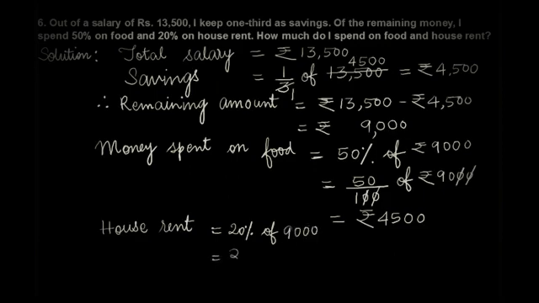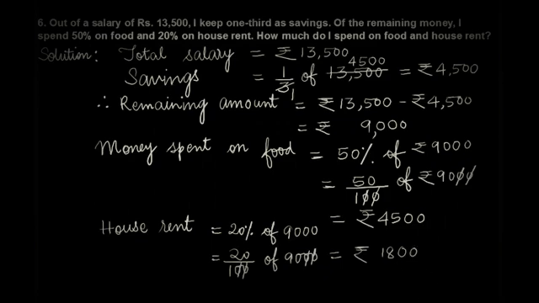So that is 20 by 100 of 9,000. Zeros cancel. So we'll get rupees 9 into 2 is 18 and the 00. So rupees 1800 becomes the house rent.